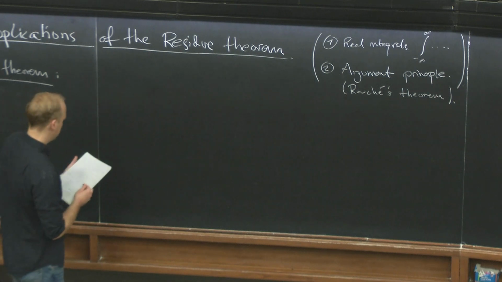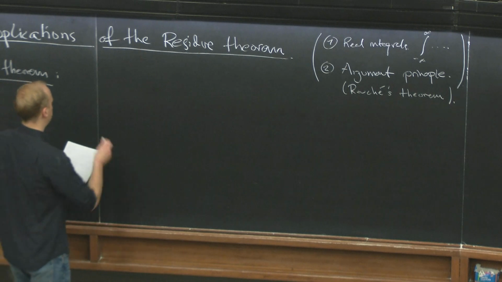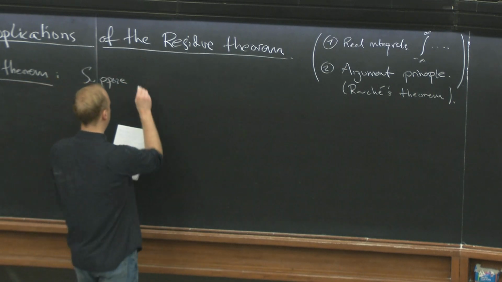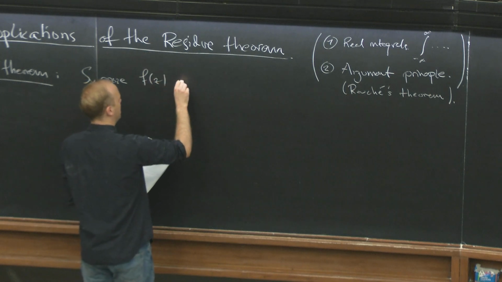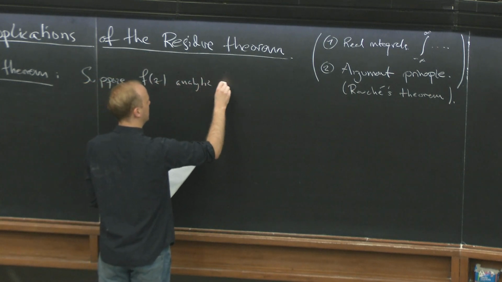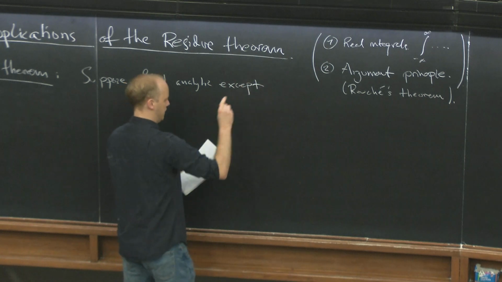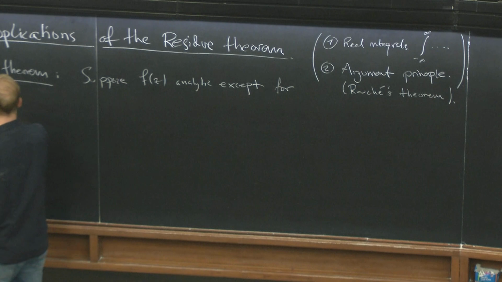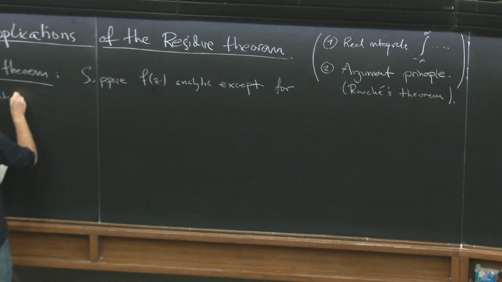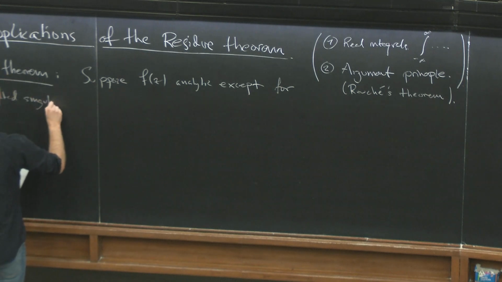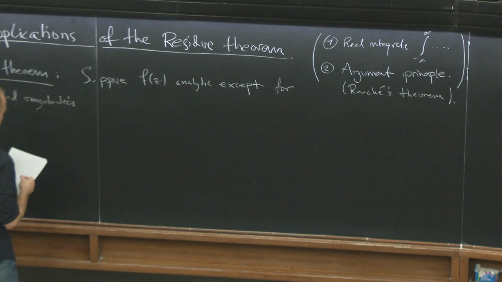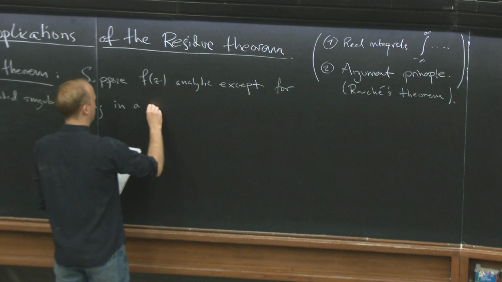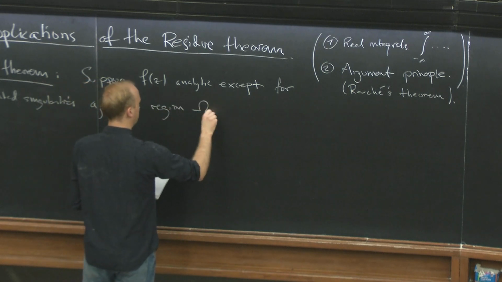So let us just recall the residue theorem. I just wanted to write it on the board so that everybody remembers. Suppose that f of z is analytic except for isolated singularities, which could be poles or essential singularities, A_j, in a region omega.